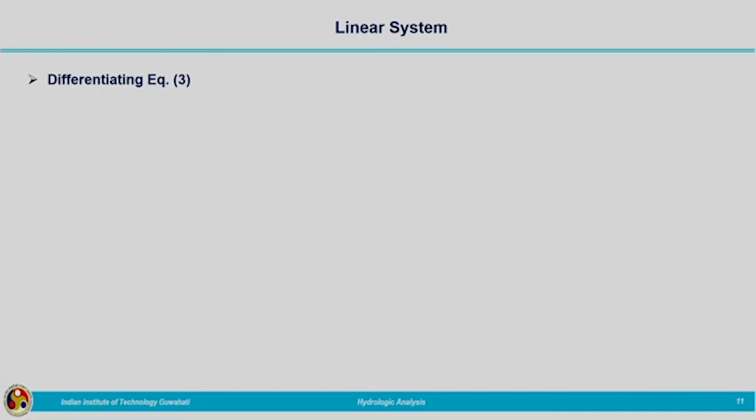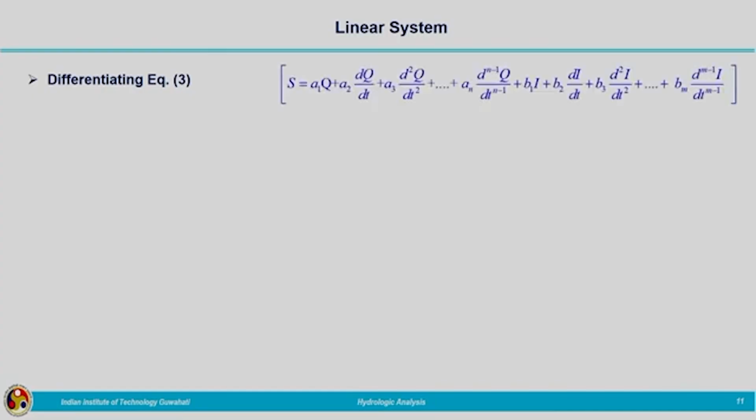Now, the next step is to differentiate that particular equation representing storage. That is, S is expressed as a function of inflow, outflow and their derivatives. We need to get the value corresponding to dS/dt.